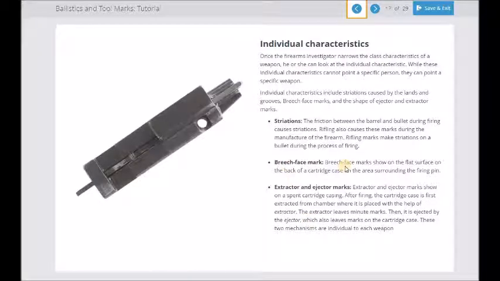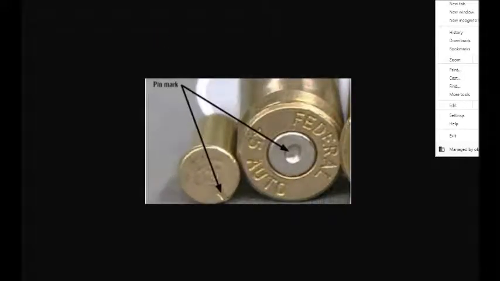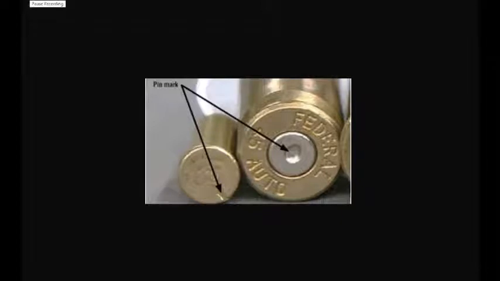The breech face mark leaves where the firing pin hits the primer. I should show you a picture of that. So this is the back of the casing, this happens to be a 45 round.